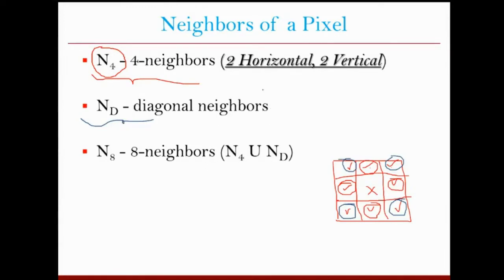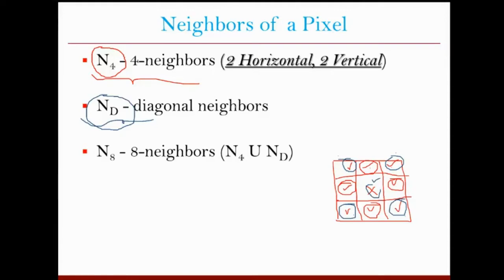In case of n4, you are considering left, right, and vertically up and down pixels. In case of nd, we are considering the pixels which are situated diagonally with respect to the pixel for which we are computing the neighbors. Right? So we are basically computing the neighbors for this pixel. So this, and this, they are diagonally situated with respect to this pixel, so they fall in nd neighbors.